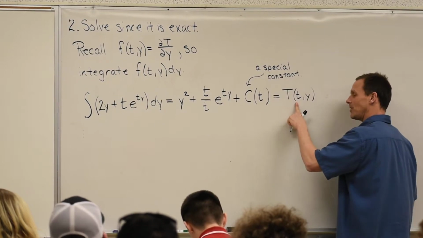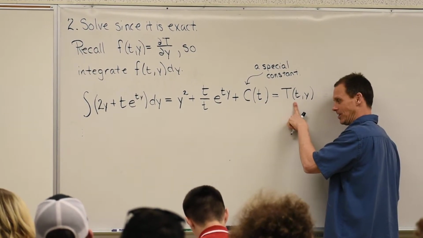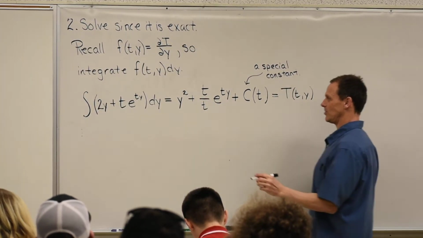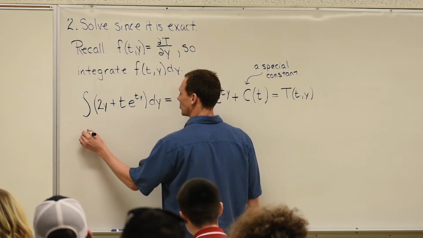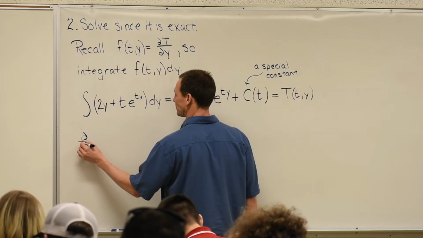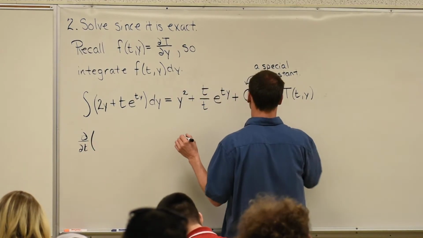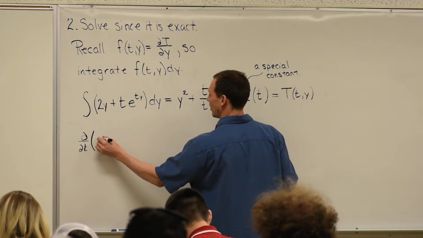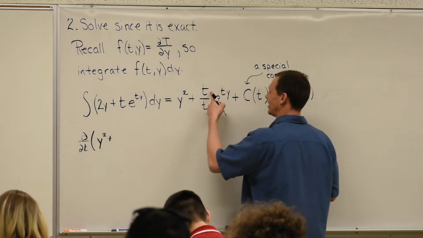The partial of this with respect to t should give me g. So here's what we do. We take the partial derivative with respect to t of all this, so y squared plus, what is t over t? 1.